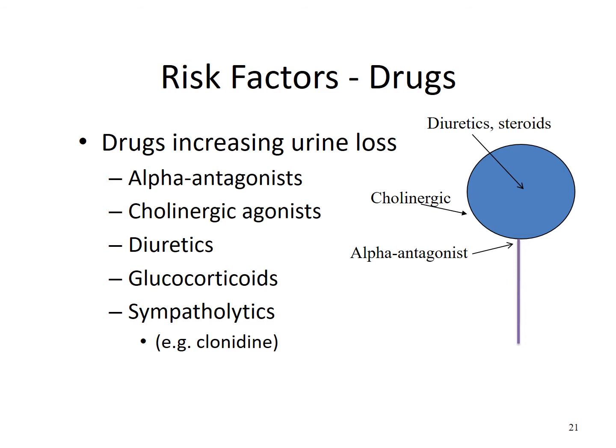Cholinergic medications, we sometimes use these for dementia, increasing acetylcholine in the brain, but this also increases acetylcholine peripherally, and that causes contraction of the bladder. And then alpha antagonists relax the bladder neck and allow urine to flow out.